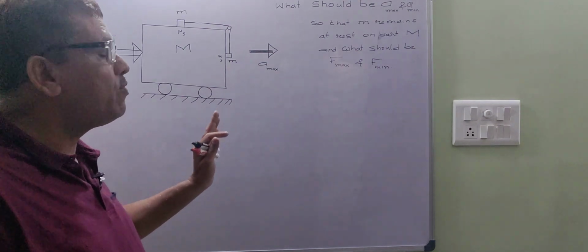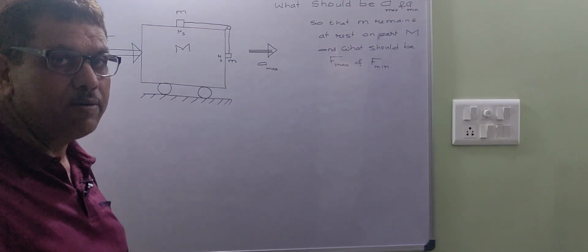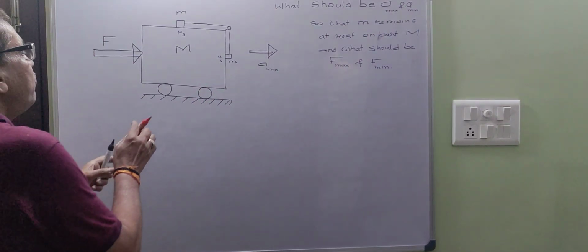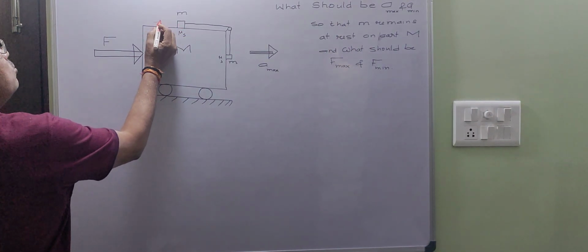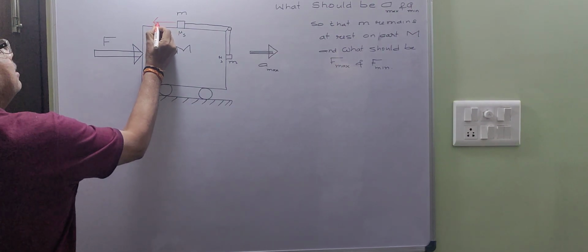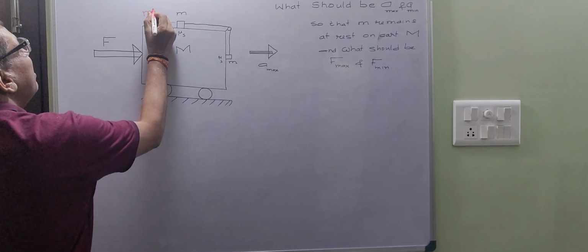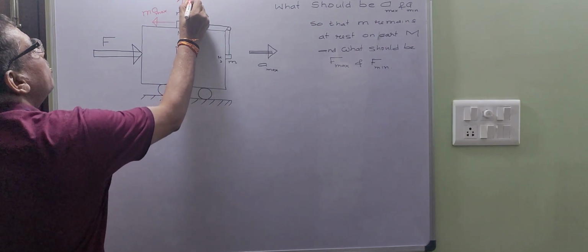So let us draw the free body diagram at maximum acceleration and find out what should be A max. Now when we draw the free body diagram for this bigger block, a pseudo force will act here, that is M A max, and normal reaction will act in upward direction.